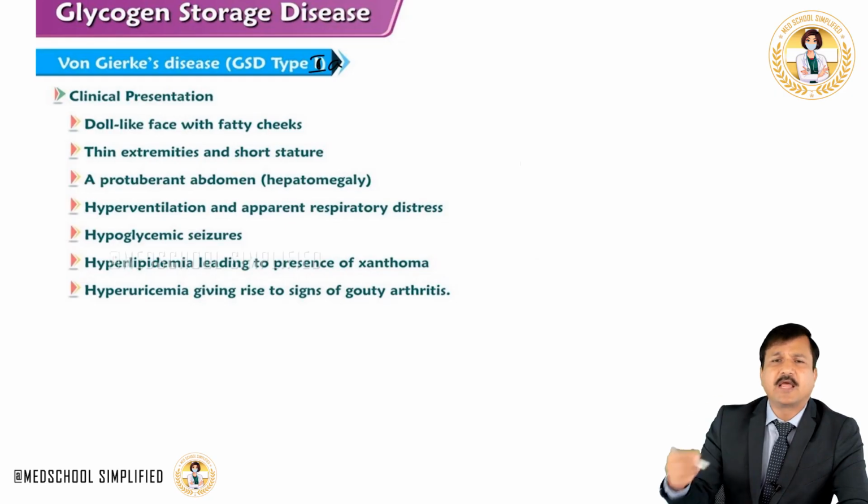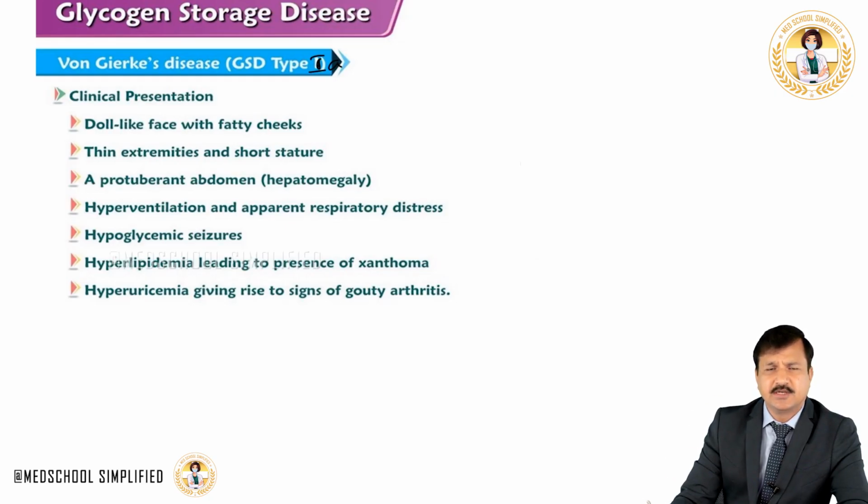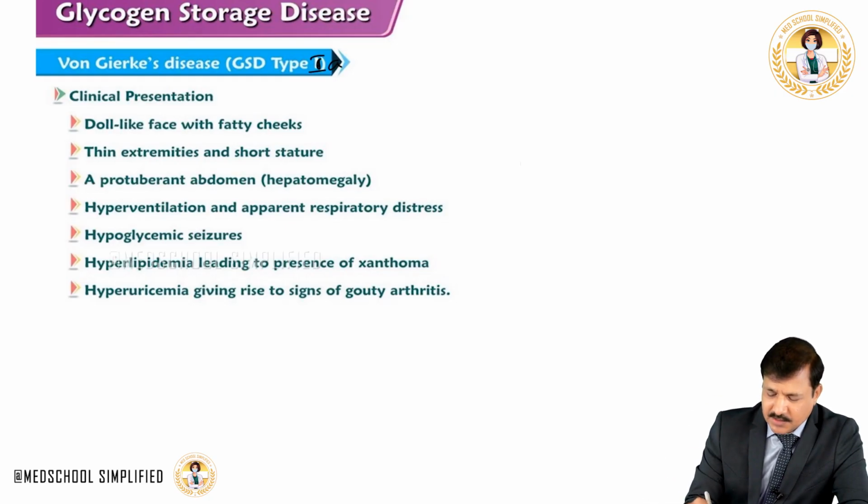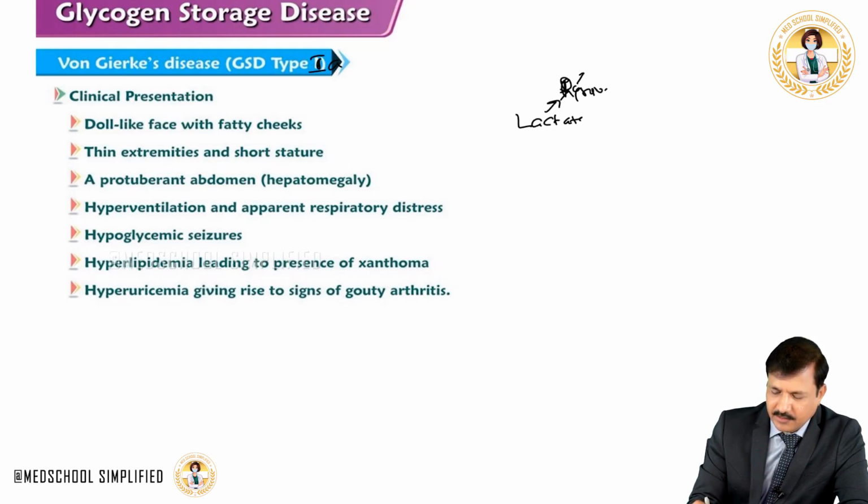So let's start from glycogen itself, glycogen degradation or gluconeogenesis. In gluconeogenesis, lactate, I'll be very brief in showing this, lactate is going into pyruvate formation. Pyruvate will go all the way to glucose 6-phosphate.